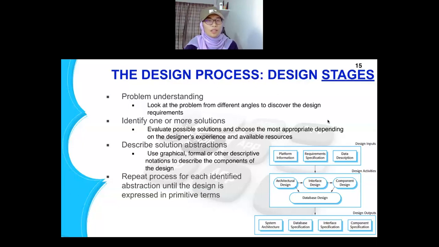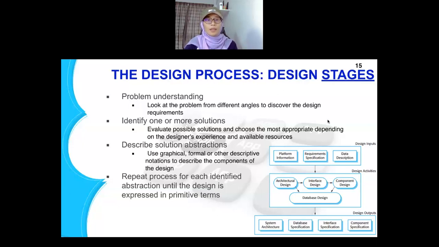The stages here, design input, activities, and output, are quite similar to the ones in the text, where problem understanding is in the design input phase. Then in design activities you identify one or more solutions, and finally describing the solution abstract is the output of the design.